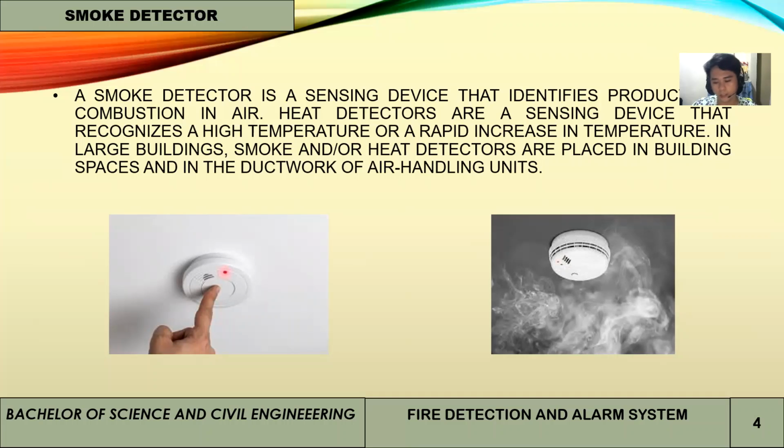A smoke detector kay gina-install siya sa building area, in the ductwork or of air handling units in the large buildings. Kay mo na mga makita na to sa mga dagko nga buildings. Mga ano ba, high-tech na.